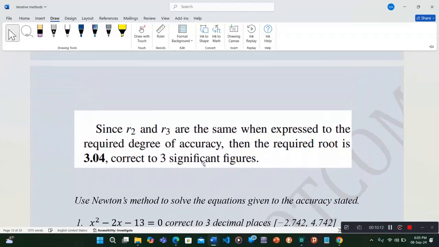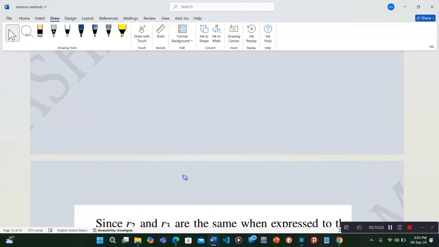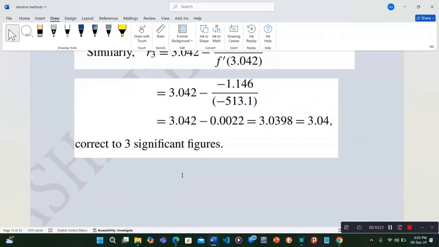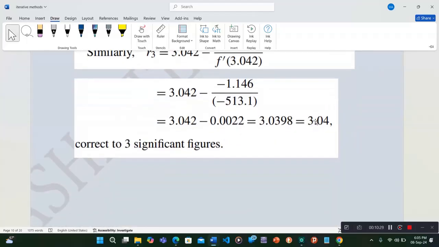That will tell you that since R2 and R3 are the same when expressed to the required degree of accuracy, because the degree of accuracy required is 3 significant figures. So if I express this to 3 significant figures, and also this to 3 significant figures, I find that they are the same. They are not significantly different from each other.